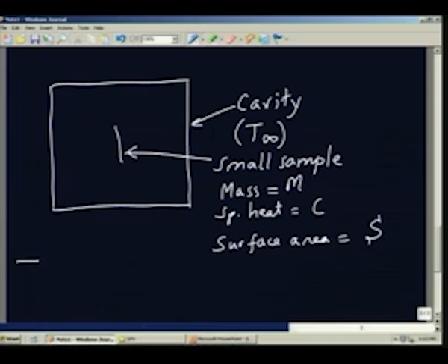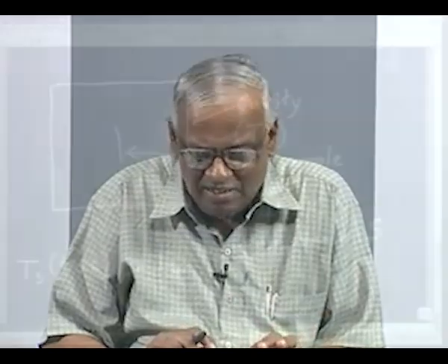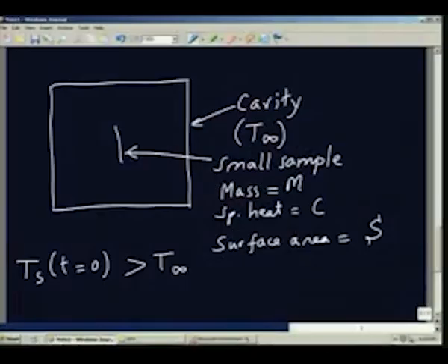So, T sample at T equal to 0 is greater than T infinity, and I will remove the source of heat. Initially the sample is heated to a temperature greater than T infinity, maybe 25 degrees, 30 degrees, 40 degrees, whatever above the T infinity, and I start allowing it to cool.